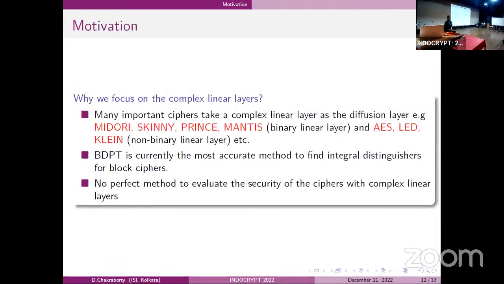Yeah. I think the second statement is not right, because there is a method called bit-based division property without unknown subset, which is the most accurate. Yeah, but for finding integral distinguishers for block ciphers, still.